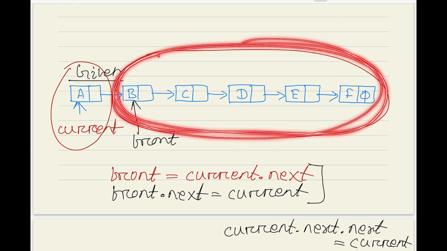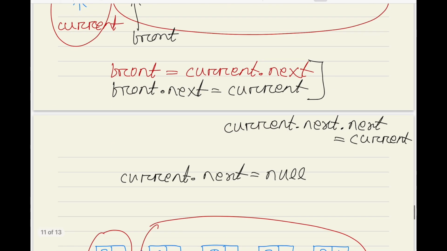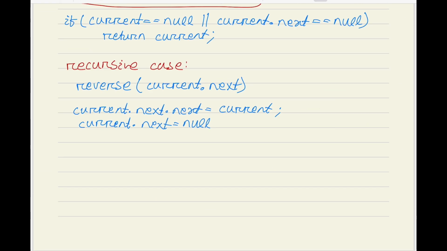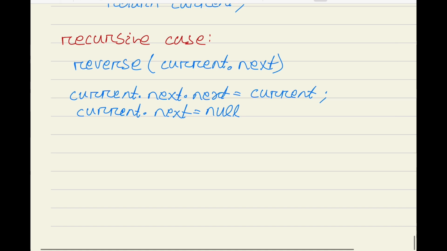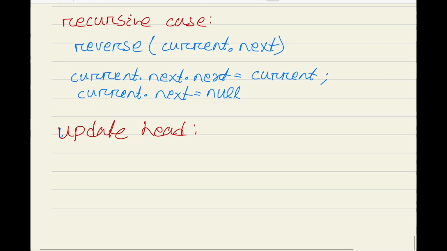That means the method is going to return one node, and that will be the new head, and here the new head will be the F node. So the recursive method is going to return the new head, and we are going to update the head to the new head that is returned by the recursive method. So we can write: update head.